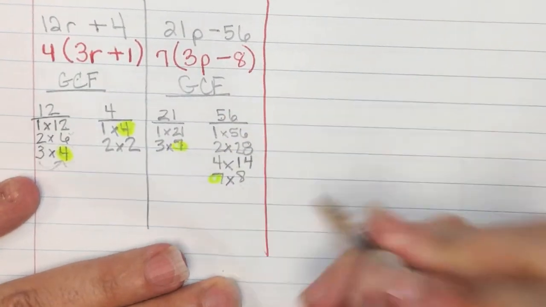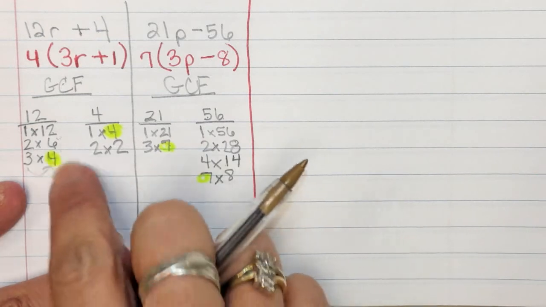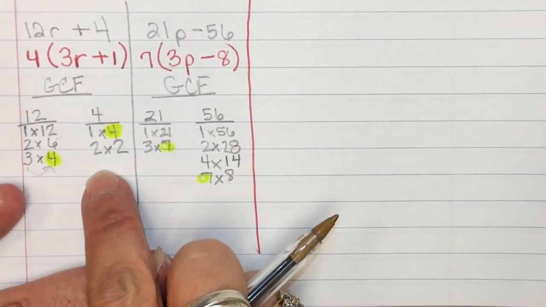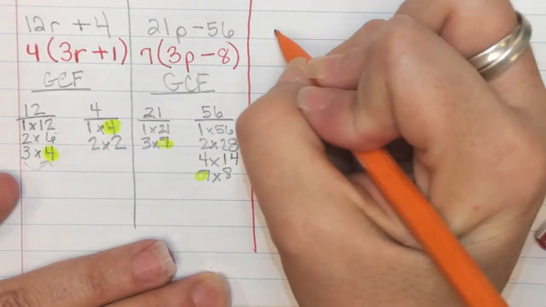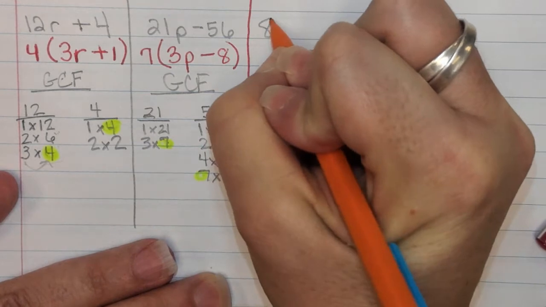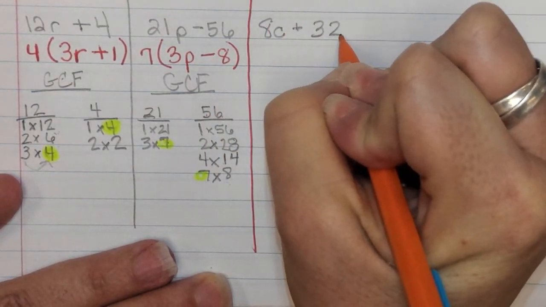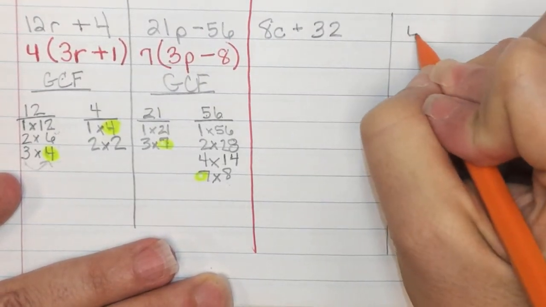Because of the directions using the GCF, if you were to use a 2 or something, I would have to count it wrong. So make sure whatever you're using is the GCF. Okay, try these last 2 and then we'll compare answers. And yes, you have to list the multiplication tables.